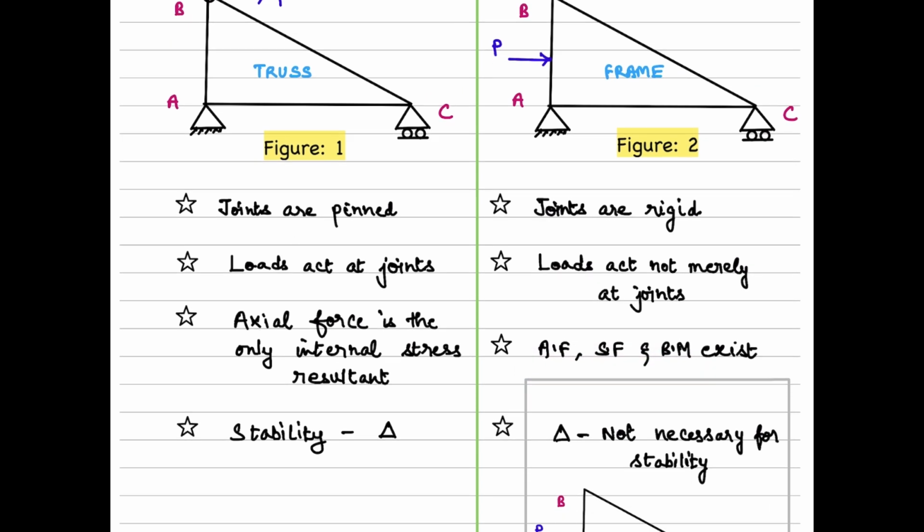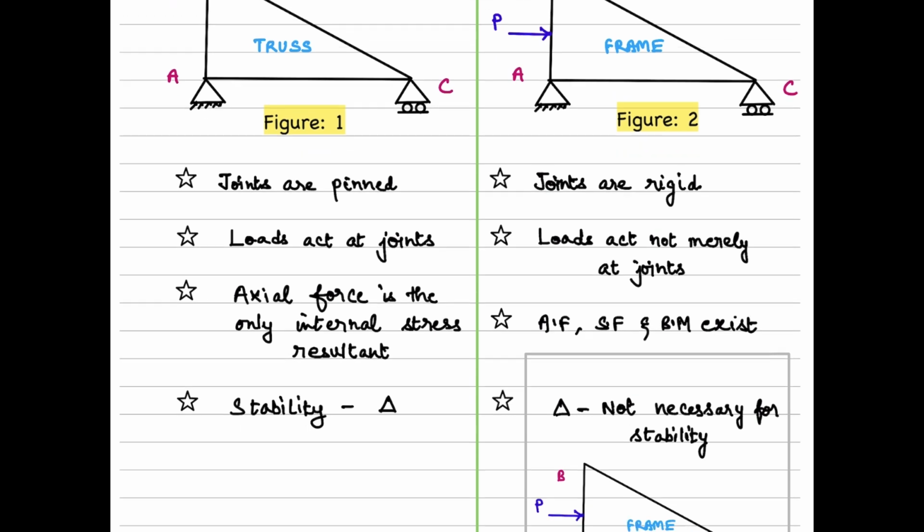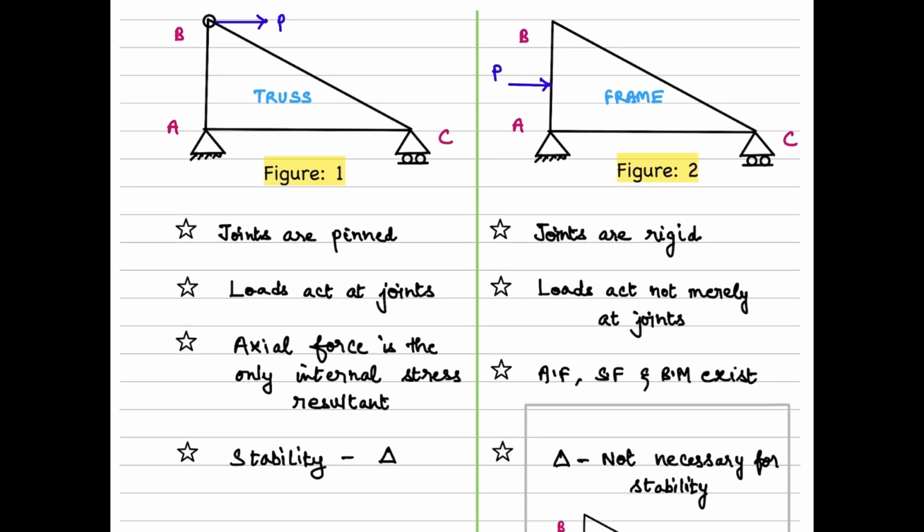Finally, in terms of stability, the internal stability of a truss is related to what is called triangulation. But this is not the case when it comes to a frame. That means it's not necessary that frames should be triangulated to have internal stability.